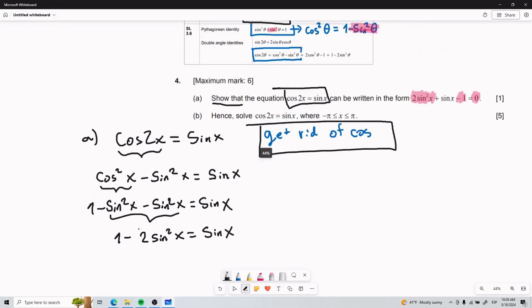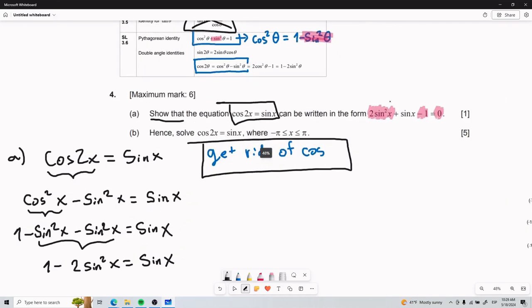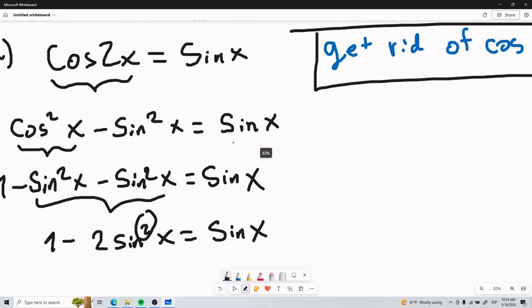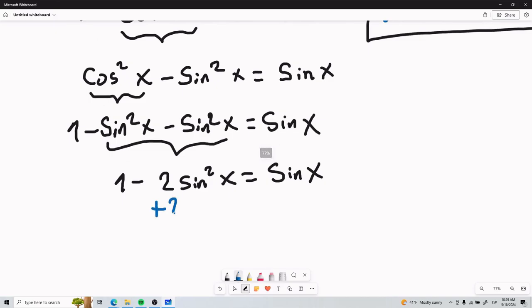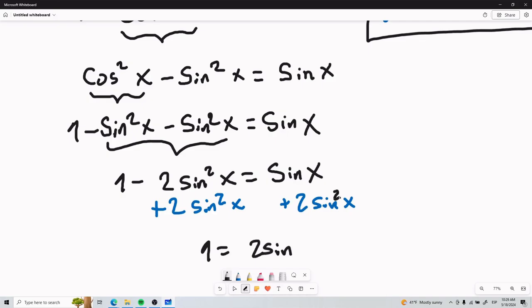First thing, equal to 0, but also keep the squared thing positive. Right now it's negative, so I'm going to add 2 sine squared x to both sides. This makes me end up with 1 equals 2 sine squared x plus sine x.